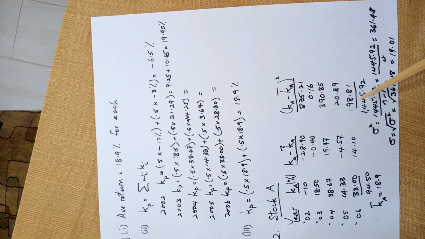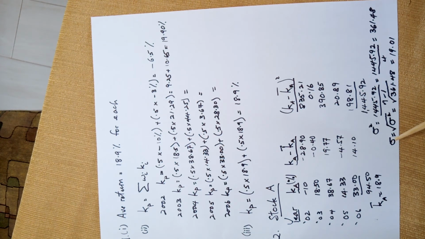Then we sum them, we get this number. The variance now, sigma squared, is found by dividing this number by n minus 1, where n is the number of values we have. In this case, 5 values. So n minus 1 becomes 4. So we divide by 4 and we get our variance as 361.48. The standard deviation, simplicity itself.